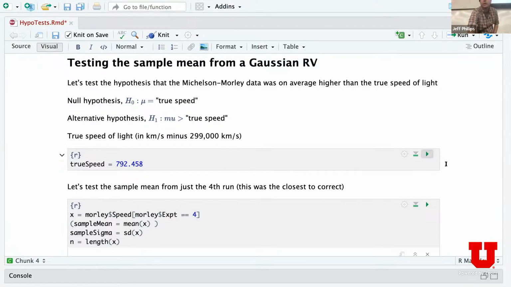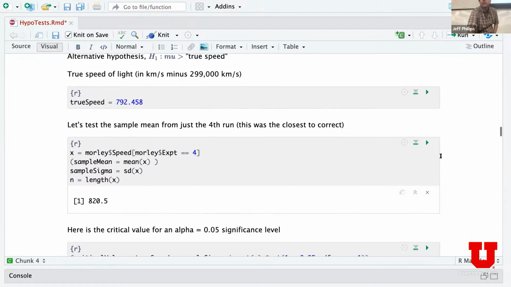They ran 4 experiments, and they were all not quite right, but they were in the right ballpark. They had the first 3 digits of precision right. But this 4th one was the closest.